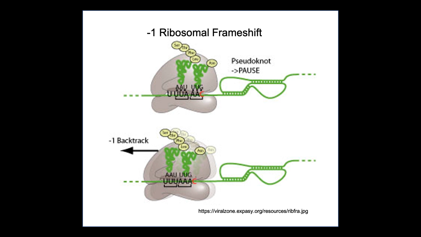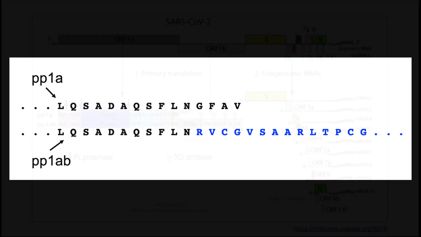That means the ribosome moves to the left 1 base, and as a result, it changes the reading frame. So now that stop codon is changed into a codon that codes for an amino acid, and that allows the ribosome to keep going until it gets to the end of our ORF1B so that it can make these other proteins that are necessary for the viral replication.